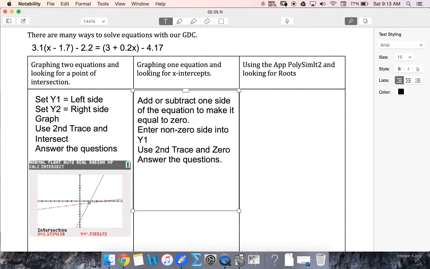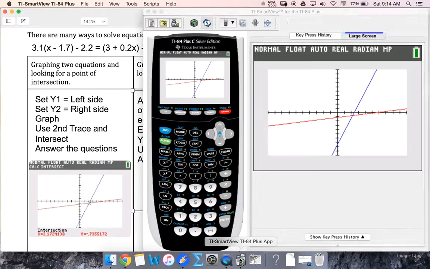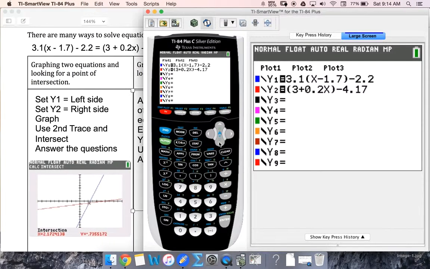Looking at my equation up here, it's the same one from before. If I'm going to make the right-hand side equal to 0, that means I'm going to have to subtract this whole side and add the other side. So let's see what that looks like. I'm going to come into my calculator and clear out the second one, but up top I've still got that same left-hand side.